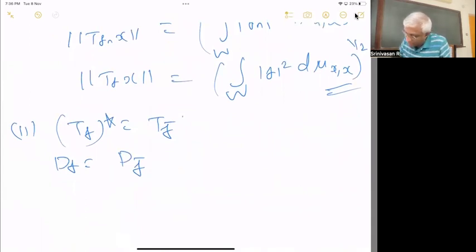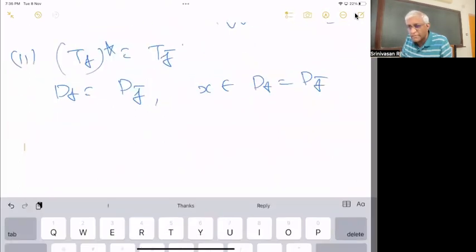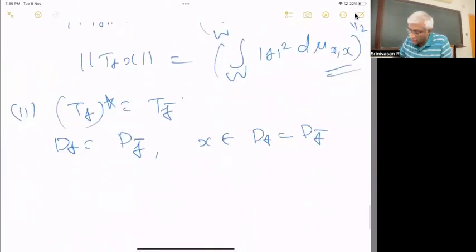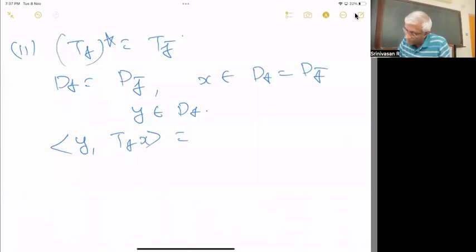Now if x is in Df, which equals Df bar, and y is also in Df, then the inner product of y with Tfx is defined through the integral of f d mu yx.